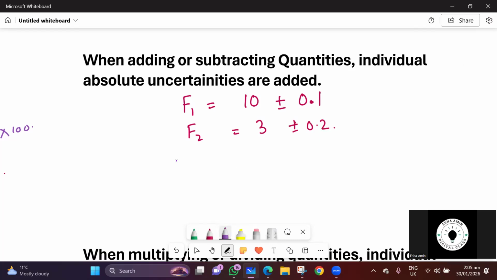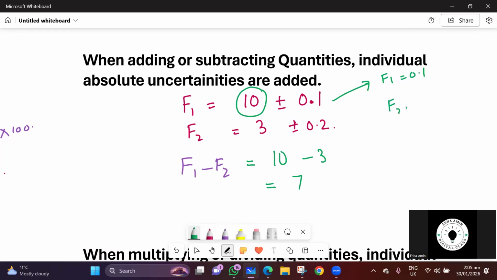If they ask you to subtract F1 minus F2, we subtract their values: 10 minus 3, so the value is 7. The absolute uncertainty for F1 is 0.1 and the absolute uncertainty for F2 is 0.2.